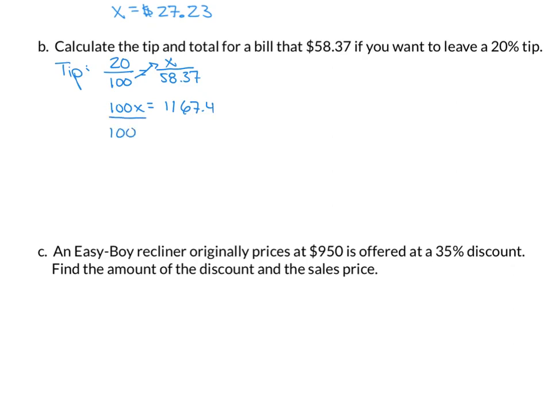I can divide by 100, and we get x is equal to 11.674. Again, I want to round to the nearest cent since we are talking about money, so we're going to round the 7 and we get 11.67. The 4 rounds it down, so we're going to leave it alone.